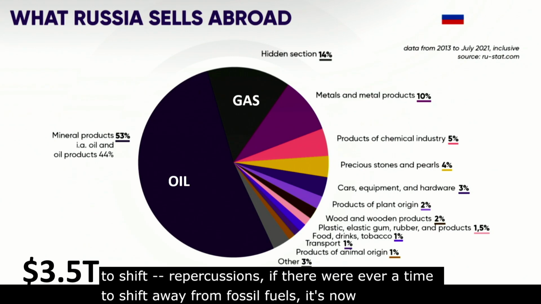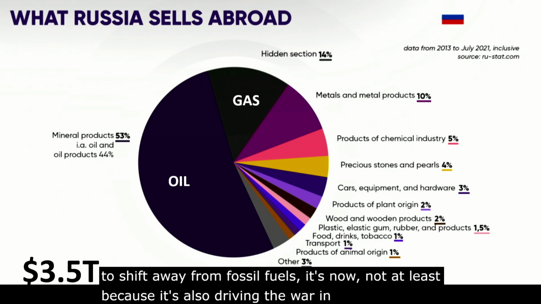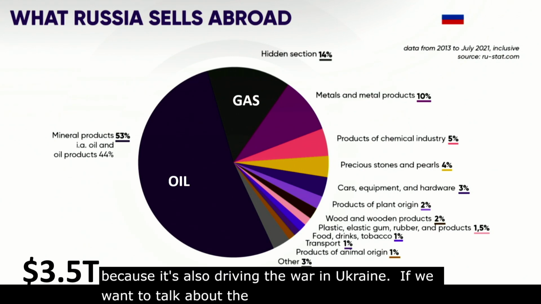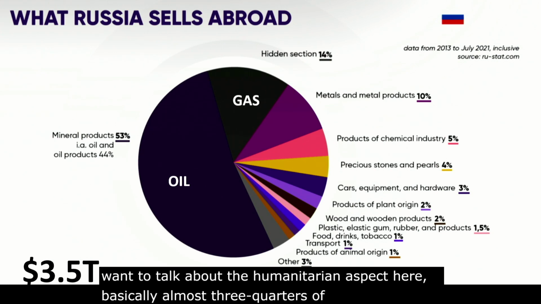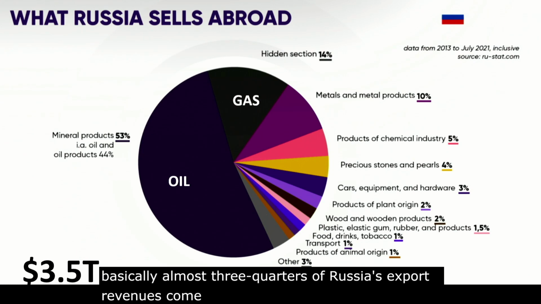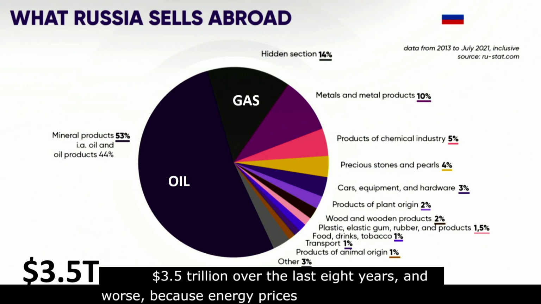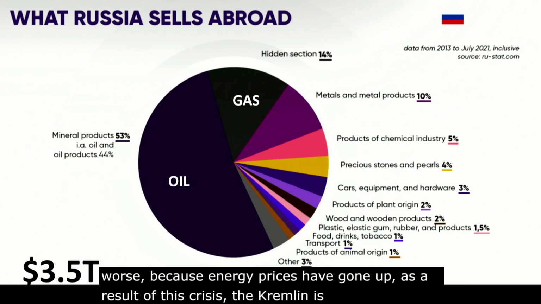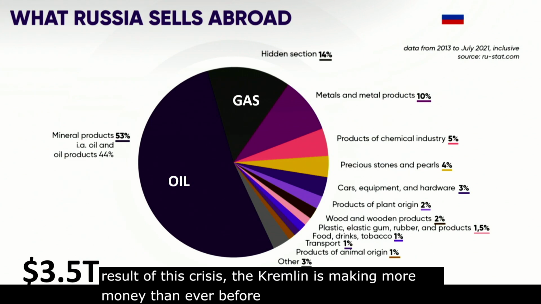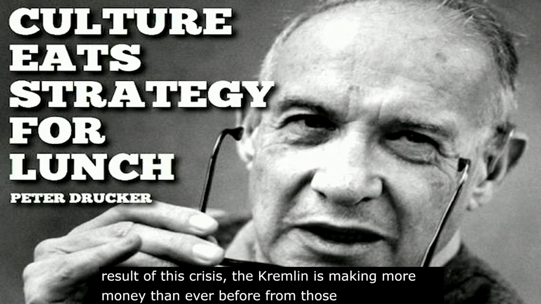If we want to talk about the humanitarian aspect here, basically almost three quarters of Russia's export revenues come from oil and gas, $3.5 trillion over the last 8 years. And worse, because energy prices have gone up as a result of this crisis, the Kremlin is making more money than ever before from those revenues. So it's actually funding the war.